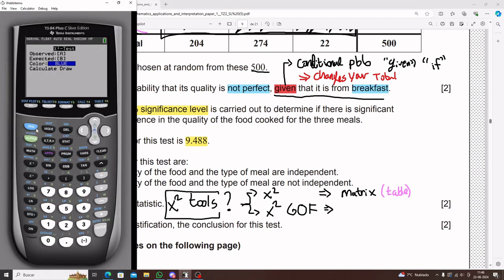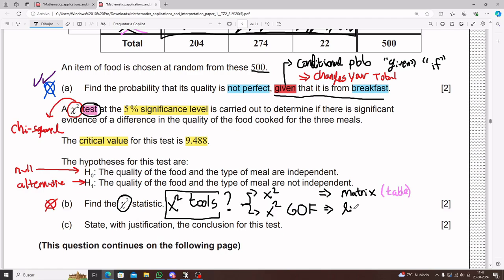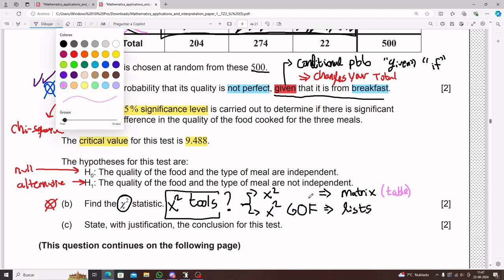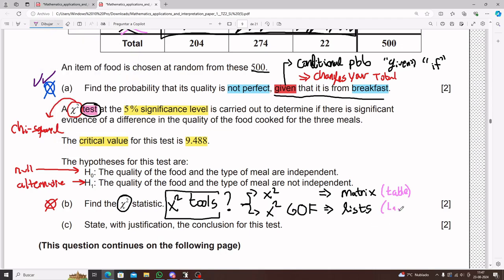On the other hand, if we go ahead and check the other test, which is chi-squared GOF, it asks for lists. And so this one's more apparent, right? It's asking for a list. So that's like L1, L2. The table for the matrix is literally something that looks like this: A encapsulated by a bracket that looks like that, B that looks like a bracket like this, okay?